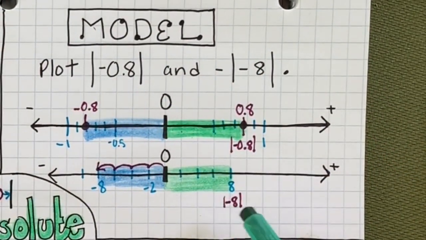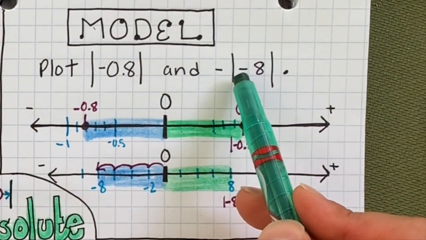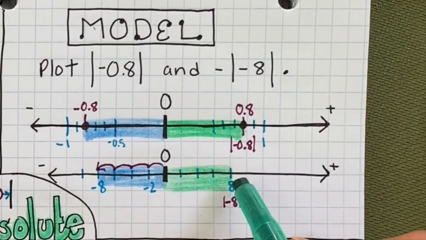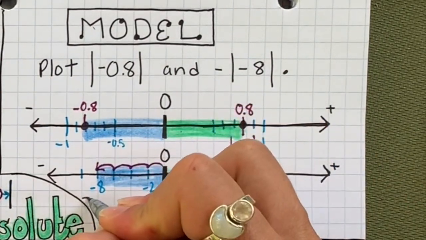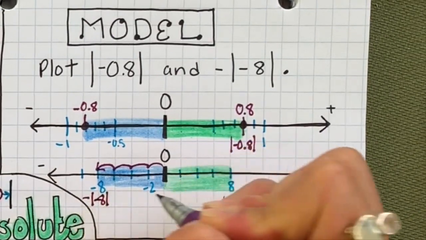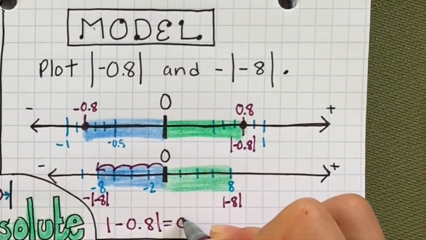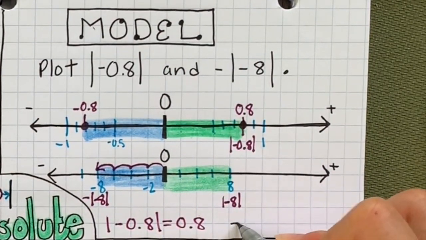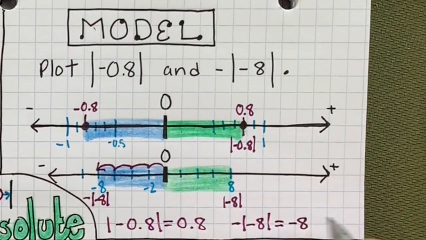The absolute value of -8 is 8, but we want to find the opposite of the absolute value of -8. So that takes us back to the negative side of 0. The absolute value of -8/10 is +8/10. The opposite of the absolute value of -8 is -8.